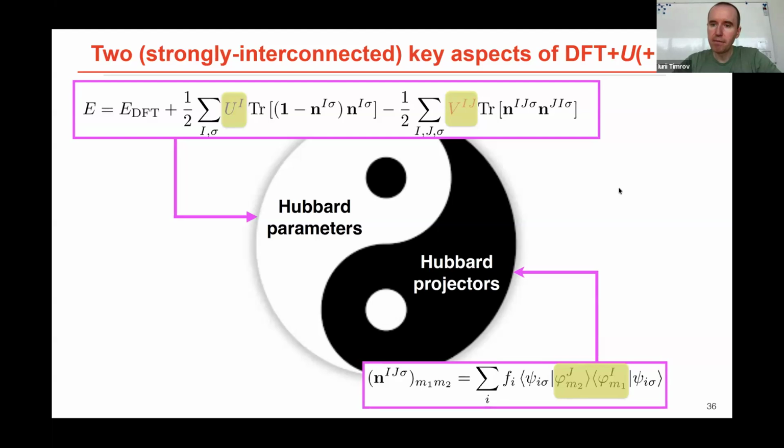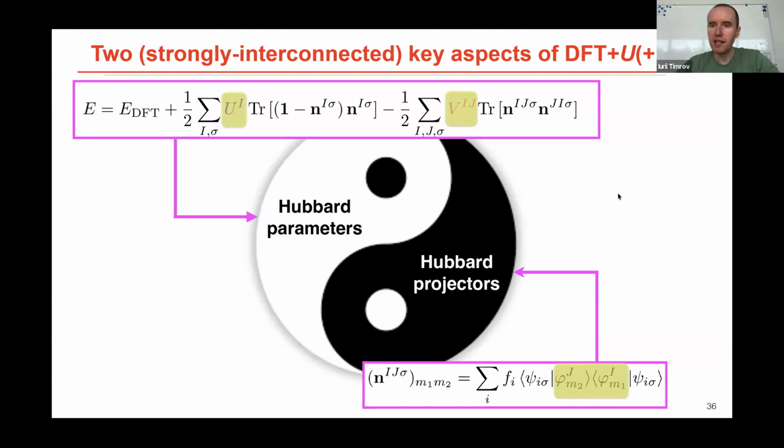But I think that is not really the right way to go. There is no direct link between Hubbard U and anything experimentally measurable, because Hubbard U is not a measurable quantity. It's really the quantity that tries to cure the drawbacks of exchange correlation functionals that are approximate.